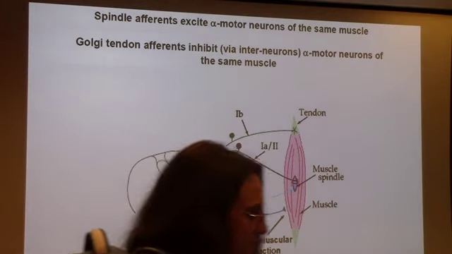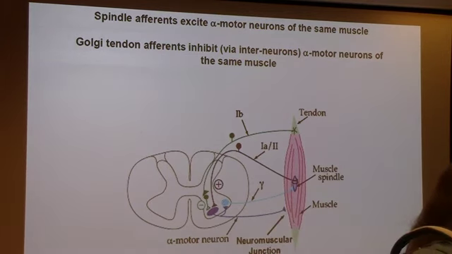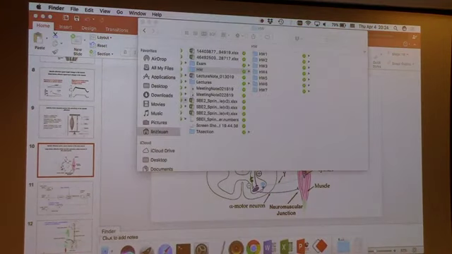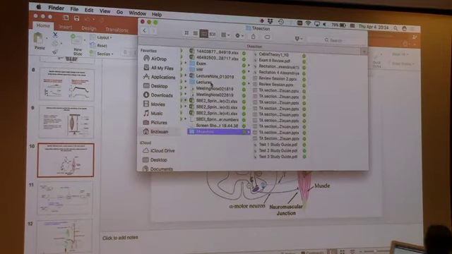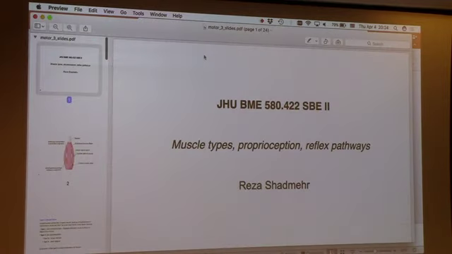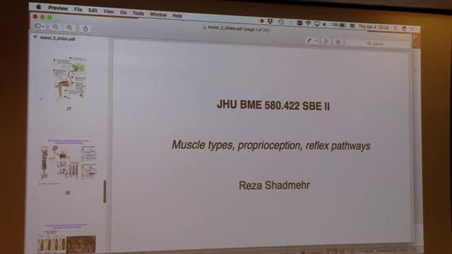So if you look at the diagram, pull up the diagram, the big picture diagram for this. Yeah, you have that in your slides. Perfect.